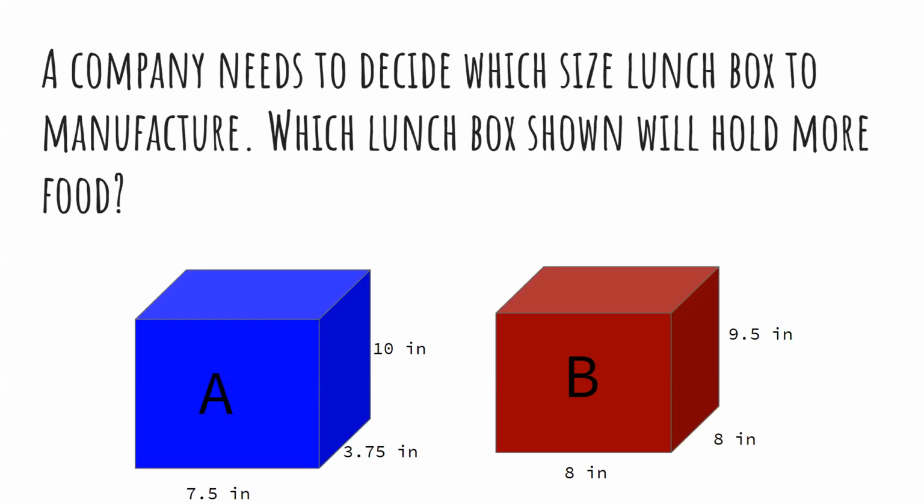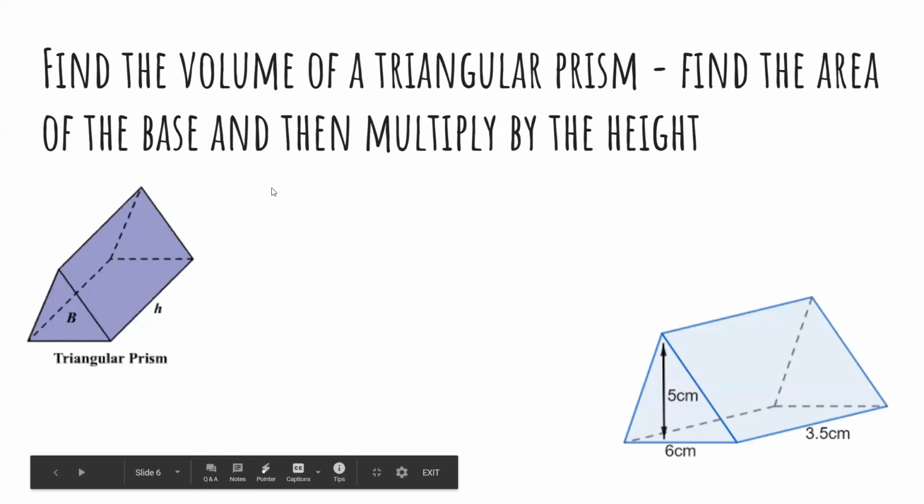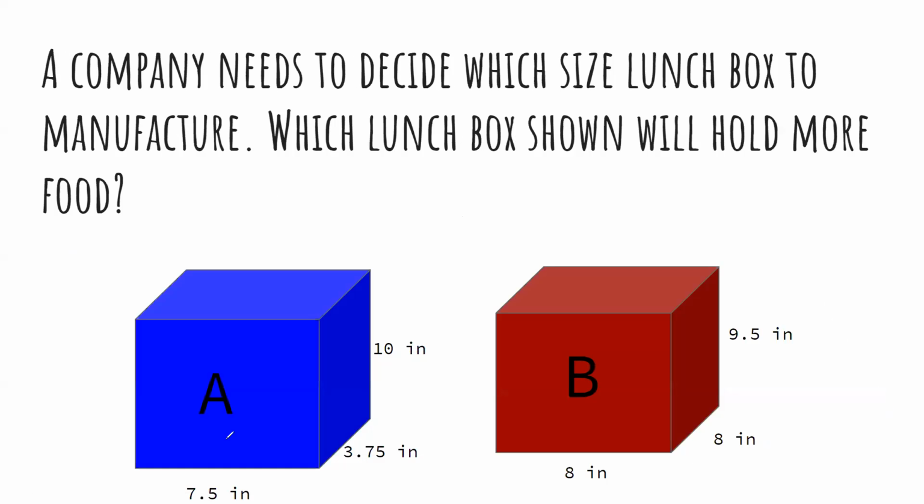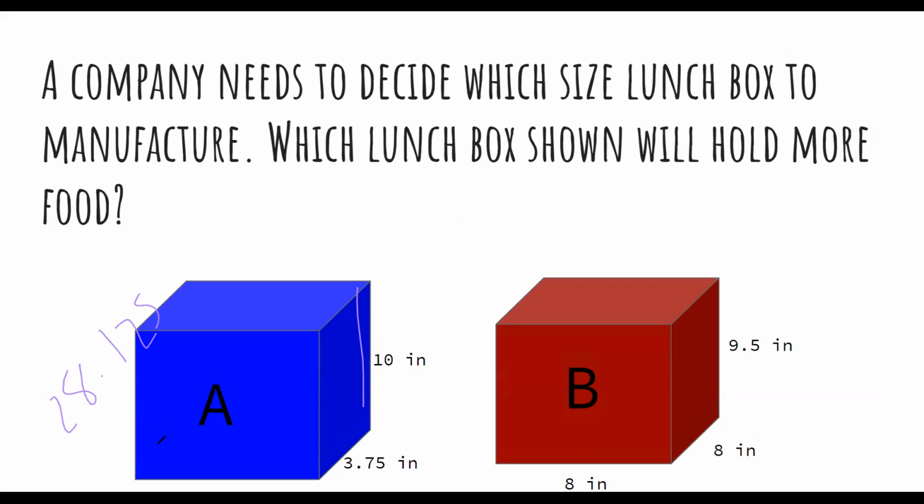If you guys have numbers with decimals in them and you just want to use a calculator, that's fine. When you multiply these two bottom ones together, you get 28.125, and then I'm going to multiply that by the height, which is 10. So this is 281.25 inches cubed.